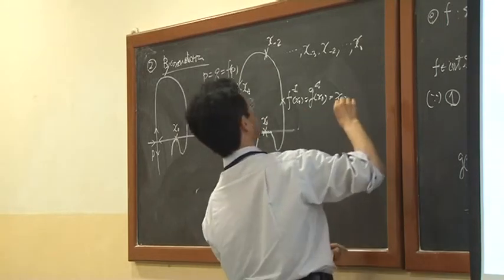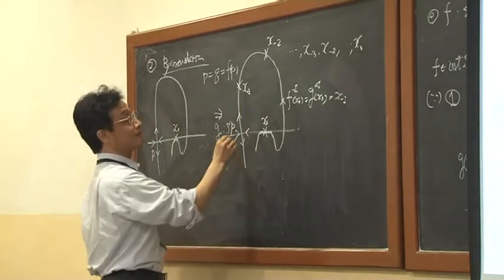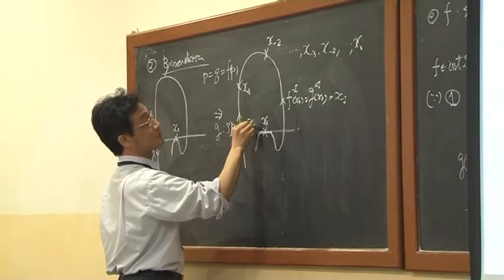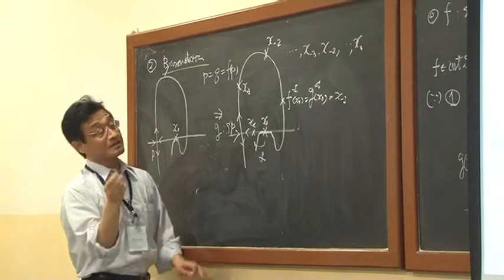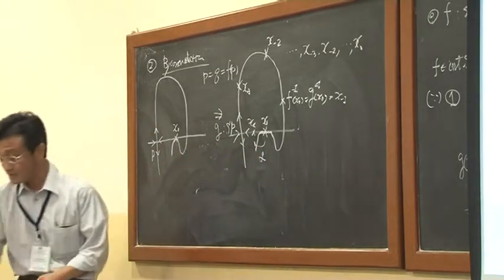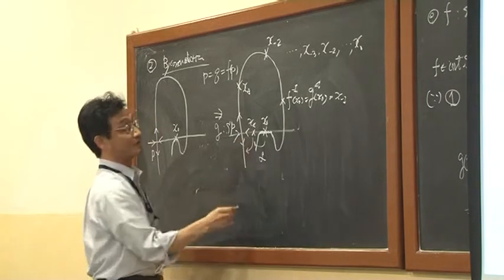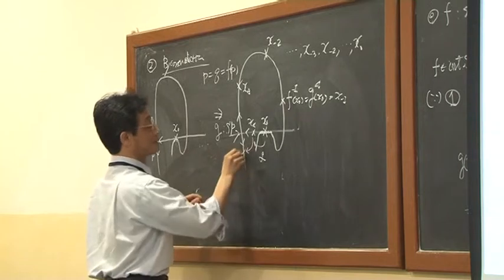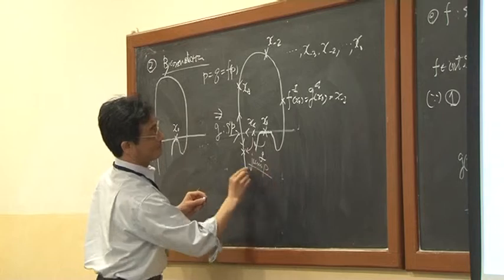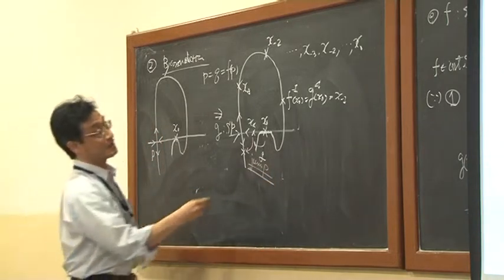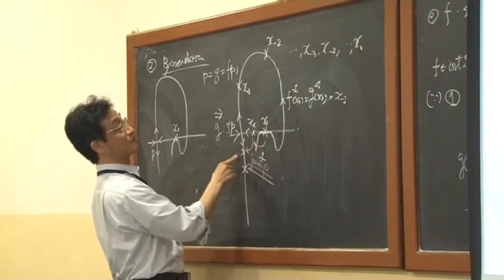For the positive orbit, we consider this one, which is of course Z. One jump here, one jump here, and then consider the forward orbit of this point.